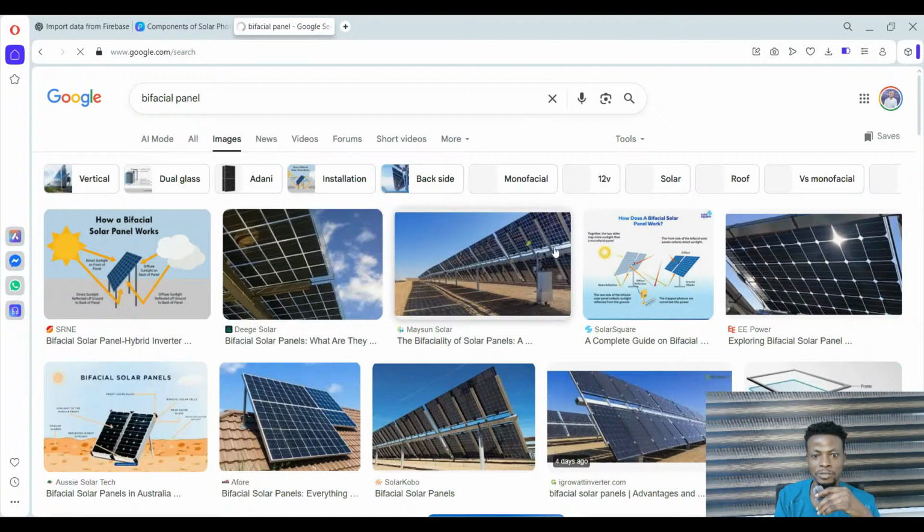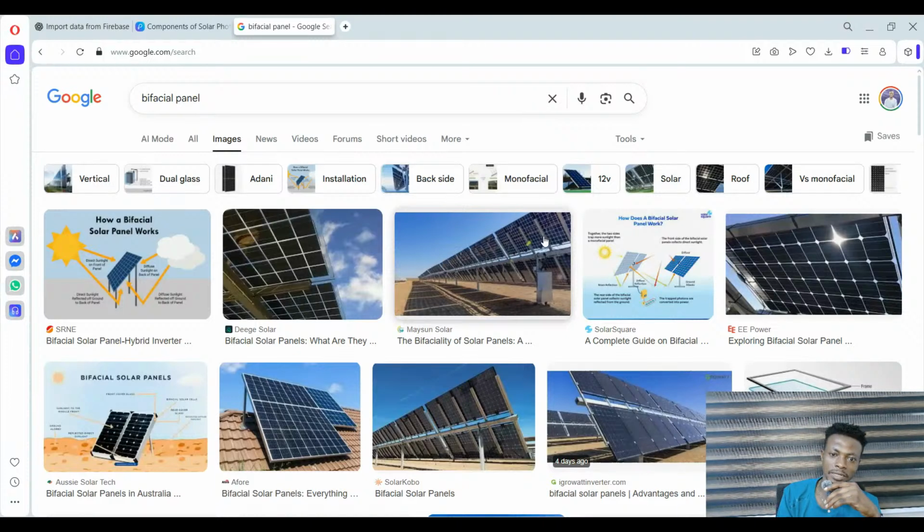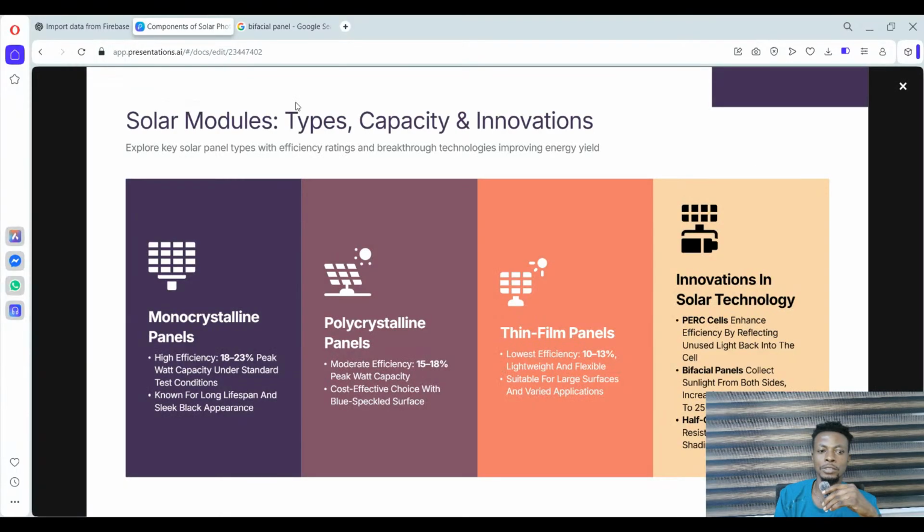As you can see here also, this is the back of the panel, and there are solar cells mounted at the back, which means if the sun is hitting it from here, it's going to generate. If the sun is hitting it on the outside, it's going to also generate. That's basically what we mean by bifacial panels, right? So depending on what you're trying to achieve, what you want.